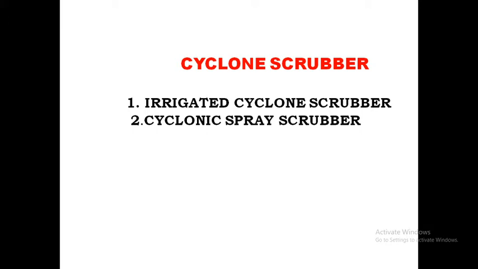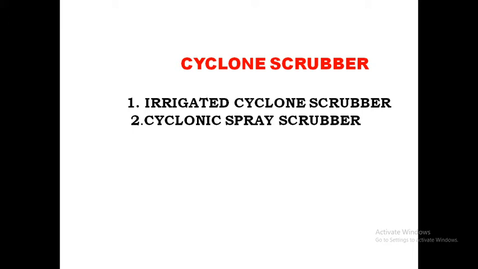Generally, the inlet gas enters the chamber tangentially, swirls through the chamber in a corkscrew motion and exits. At the same time, liquid is sprayed inside the chamber, so this is a gas-liquid operation.